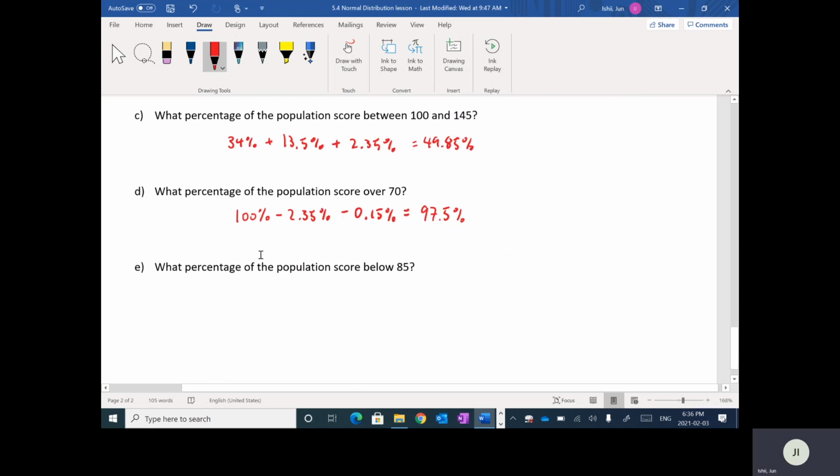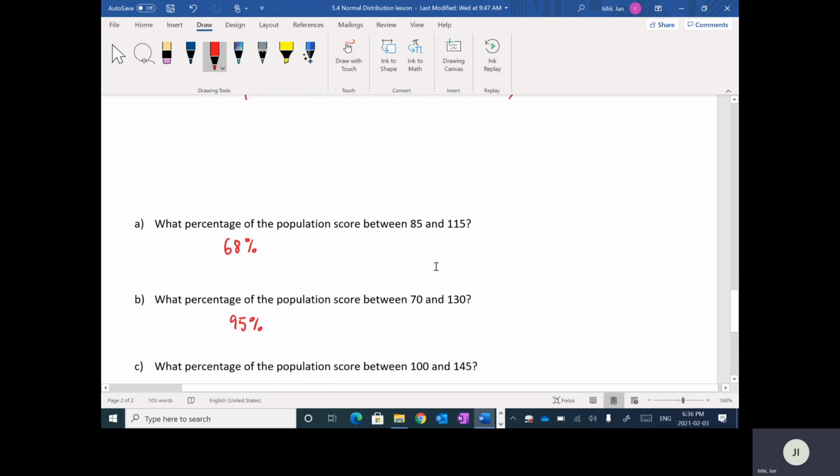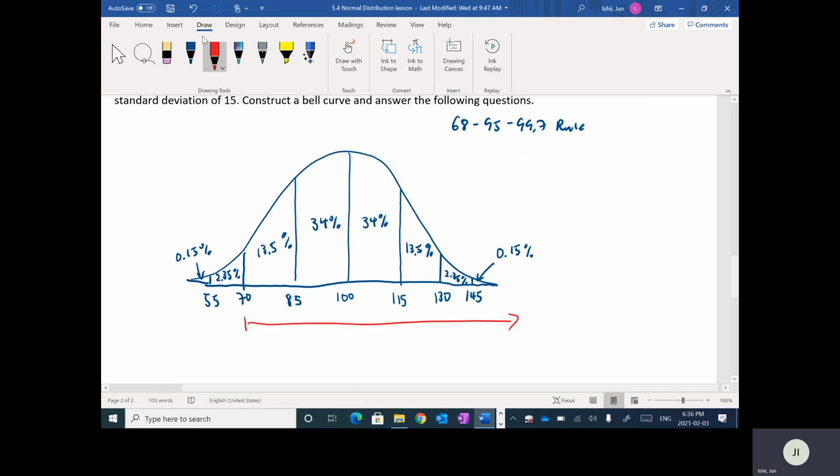All right, we got one more. What percentage of the population score below 85? Let me erase that. Below 85 means what percentage is over here. I think the best way here is just to add up these three values here.